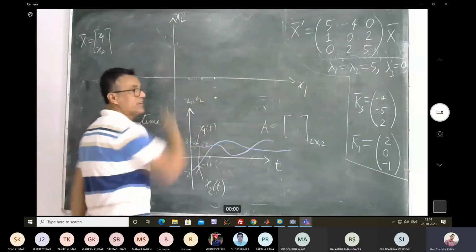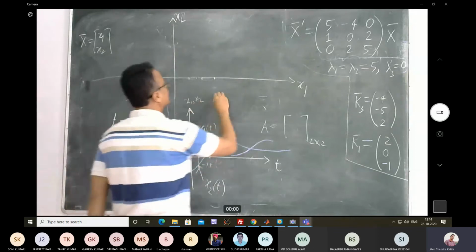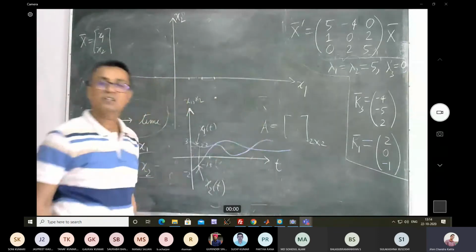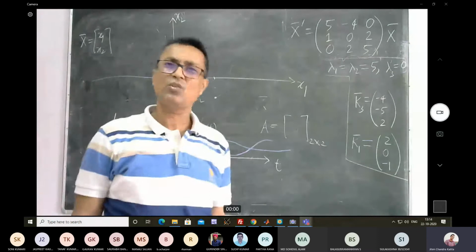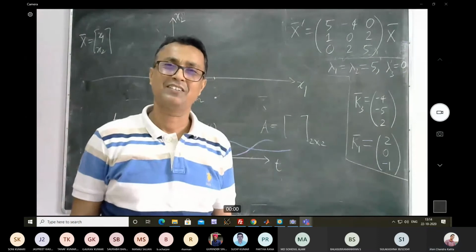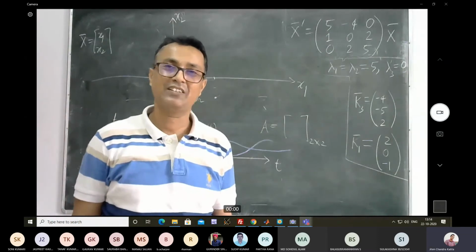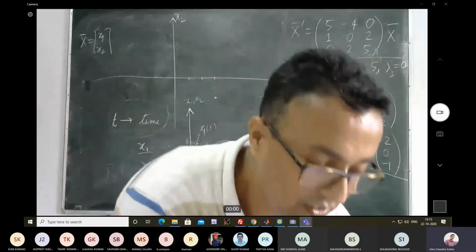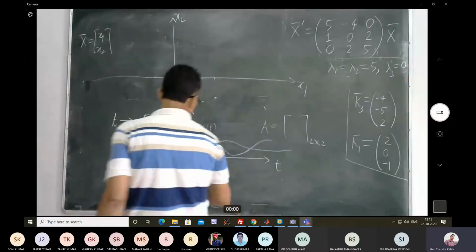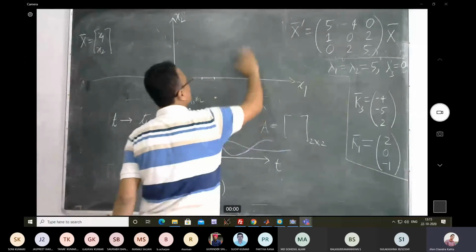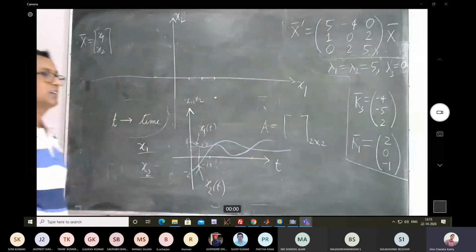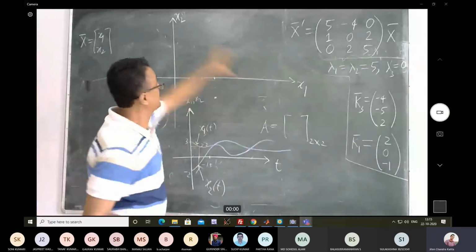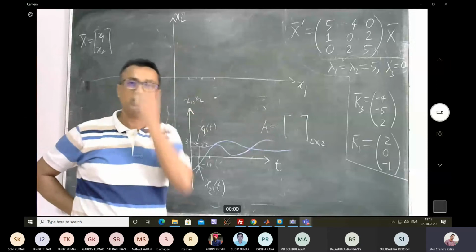In that way, I can get a curve in the x1 x2 plane. Is it okay with everybody? Yes, sir. That curve in x1 and x2 is going to be called a trajectory.